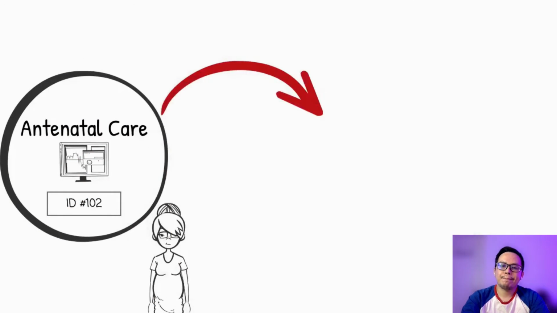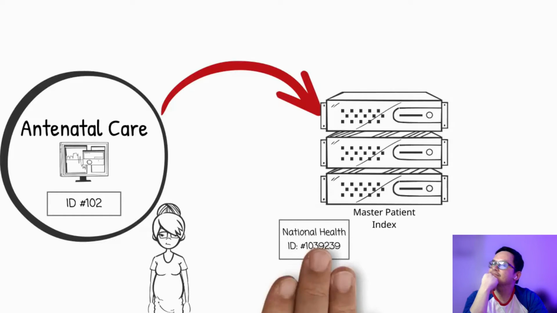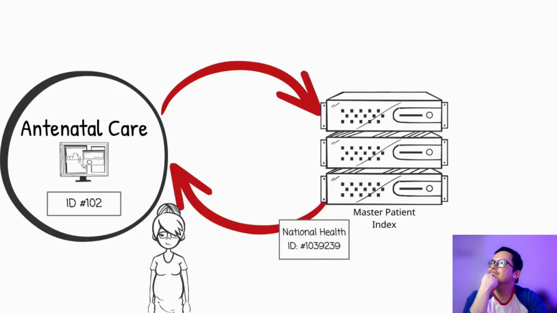However, that software would now send her demographic information to a master patient index like the Medics CR. Here, the Medics CR would generate a unique identifier for Sarah and share it back with the antenatal care system for future reference.